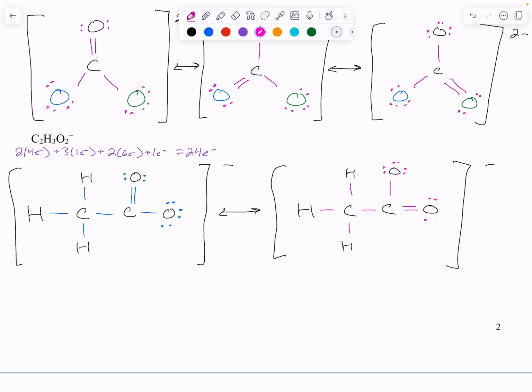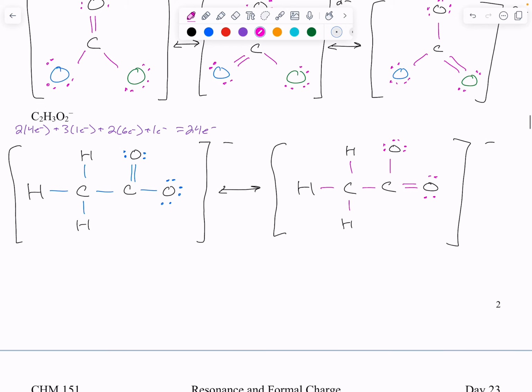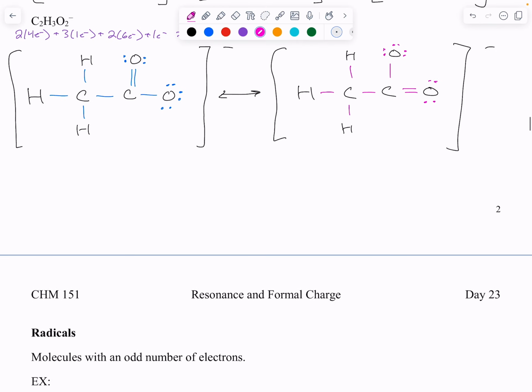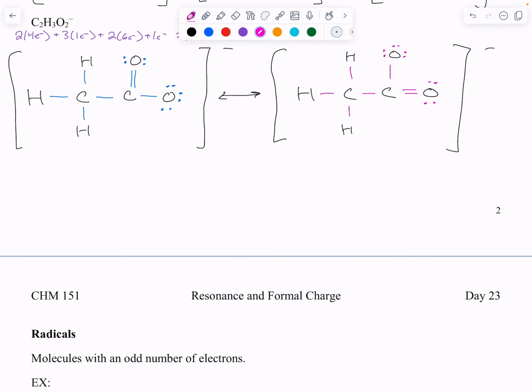And so those are the two resonance structures of acetate, where that double bond goes back and forth. Hopefully that makes sense with resonance.